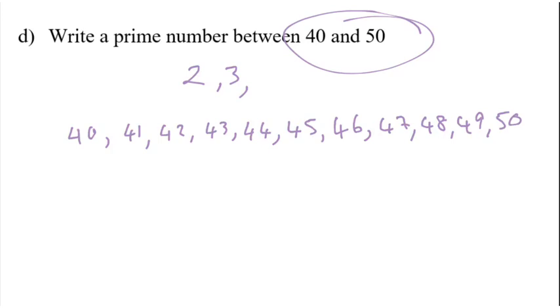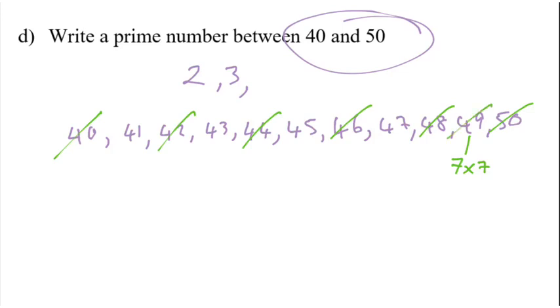And I just need to think which of these numbers is not a prime. Anything that is a multiple of 2, so any even number, is definitely not prime, so I can cross all of those even numbers out. Now I need to look at the numbers that are left and think, could I multiply any other numbers? For example, 49, I could do 7 times 7.